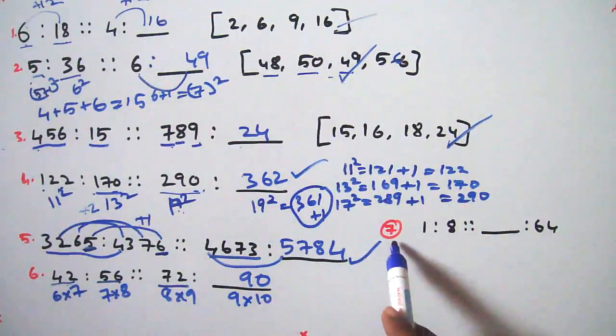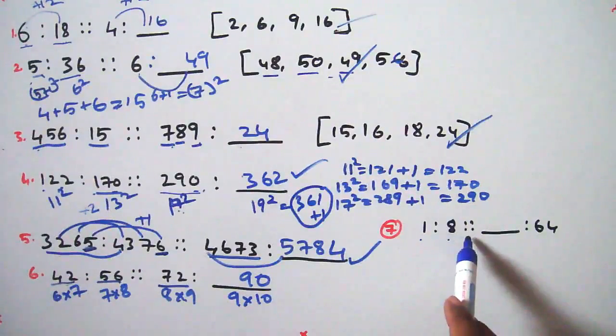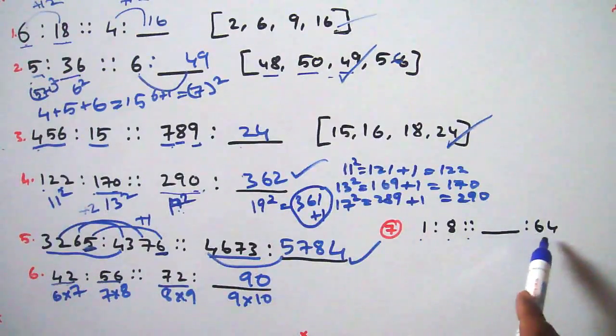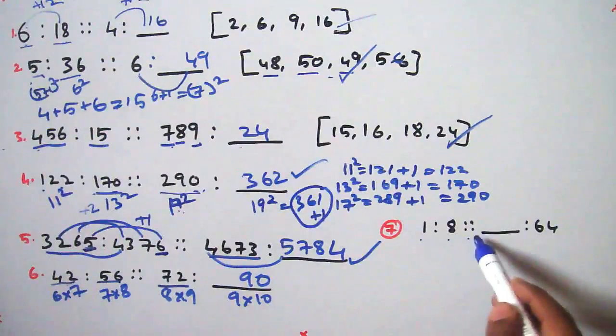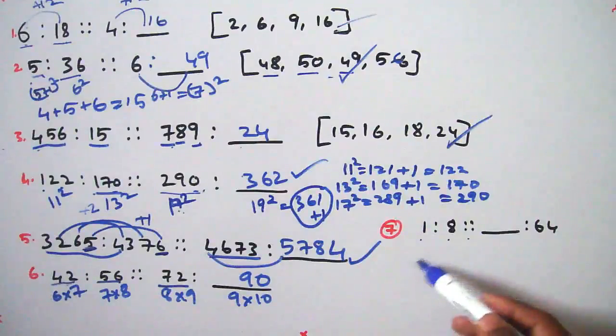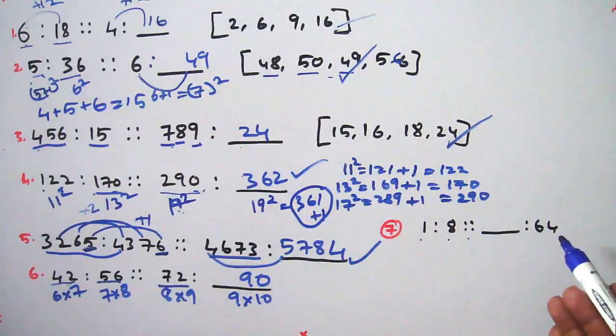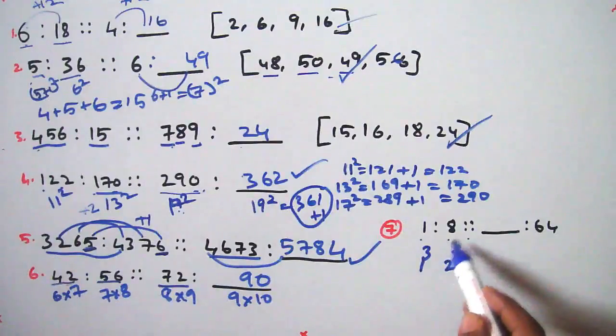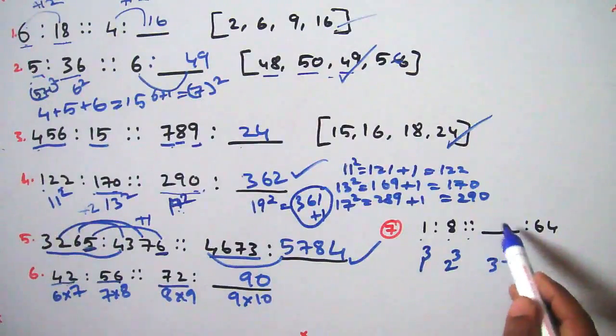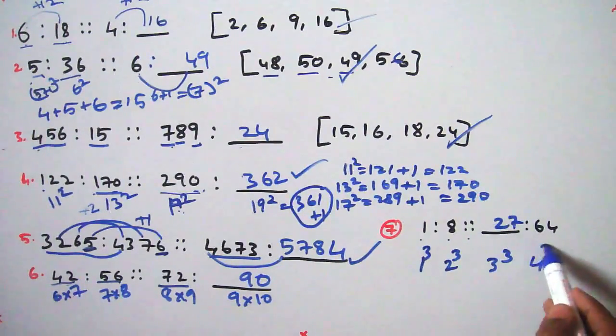And there is another question, 1 is to 8 is same as blank is to 64. See, if you see this question, see friends, there is no need to have a relation. It is in the cube of numbers. 1 cube is 1, 2 cube is 8, 3 cube is 27, and 4 cube is 64.